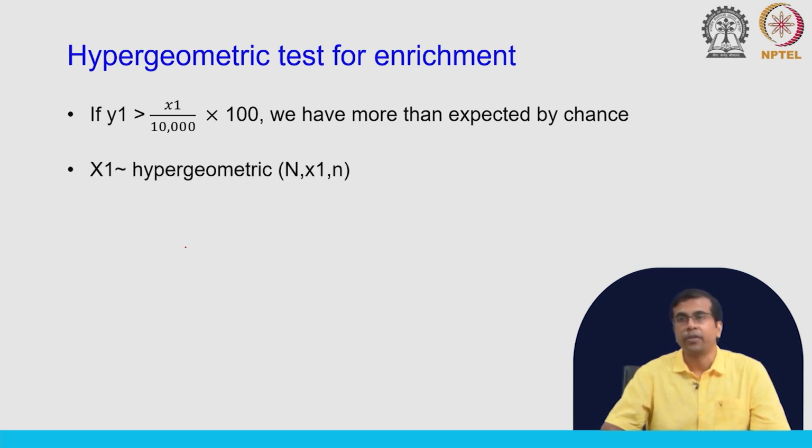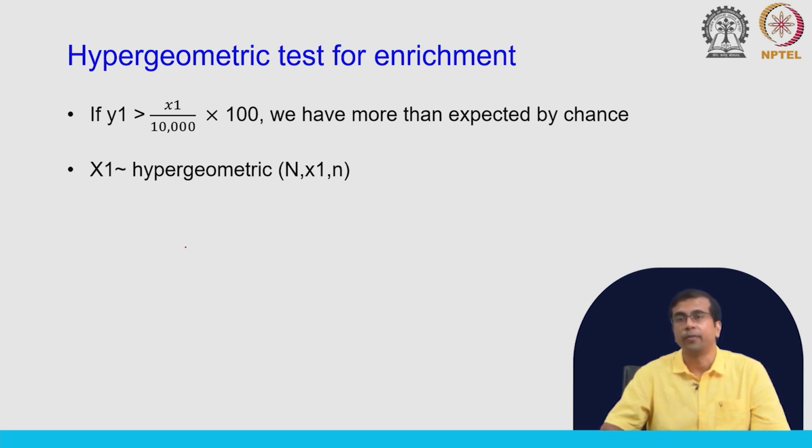So, we have mentioned x1 follows hypergeometric. x1 is the number of cases, or number of genes, that belong to this function class 1 in the sample. So, this is the variable that defines that. And this follows hypergeometric with these 3 parameters. Capital N is the number of genes in the global list.